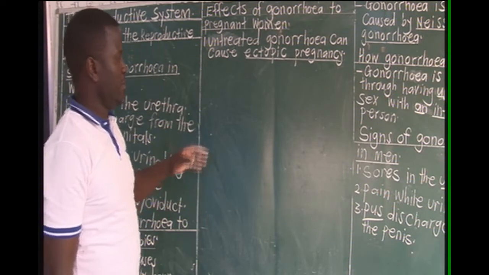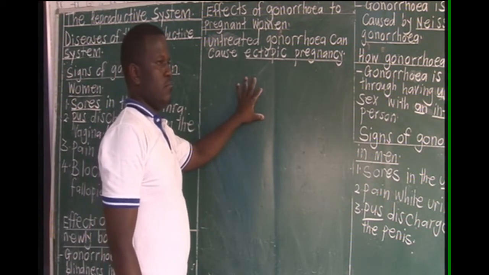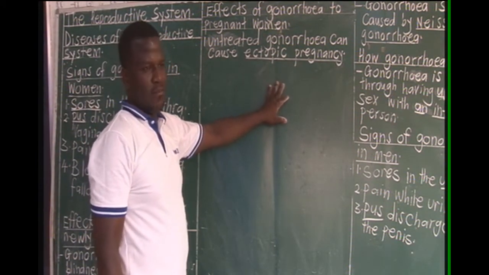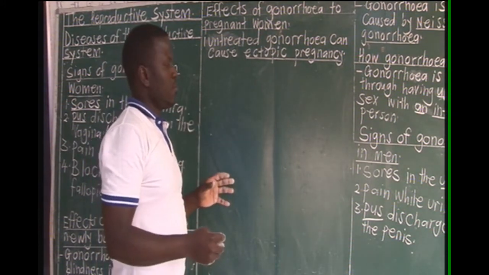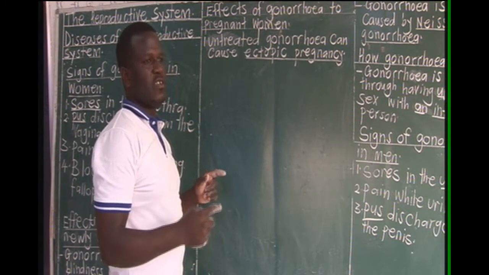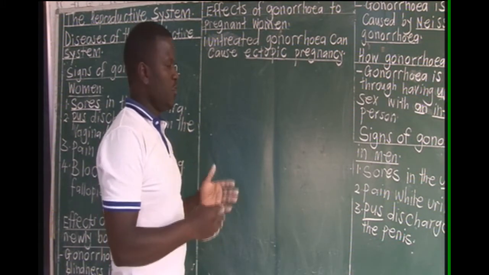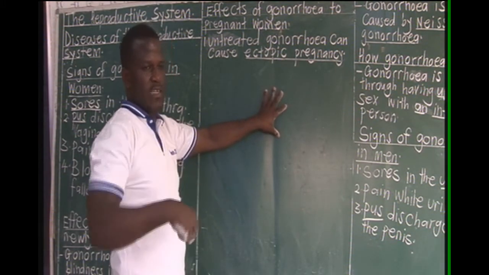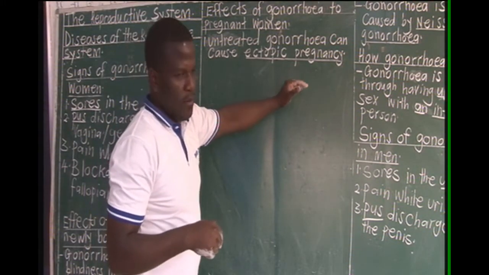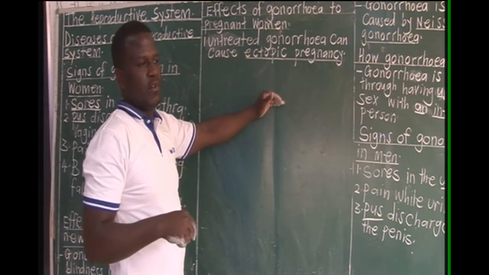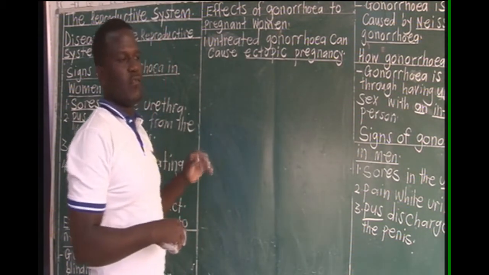How does it happen? Remember we said pus blocks the fallopian tubes. So sometimes fertilization can take place, but because there is pus in the oviduct, that pus blocks the embryo, or prevents the embryo from going to the uterus for implantation.